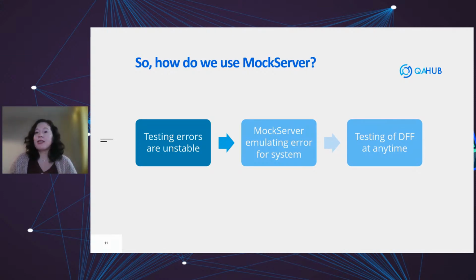So on the next slide, we will start with the demonstration. I will go through the usage of the mock server step by step, how, when we need something from the design for failure to be tested, I will show you what we do.